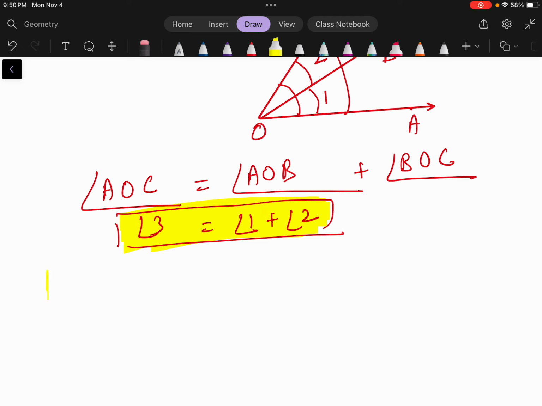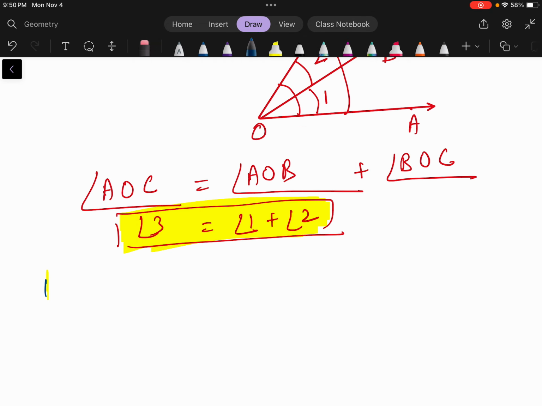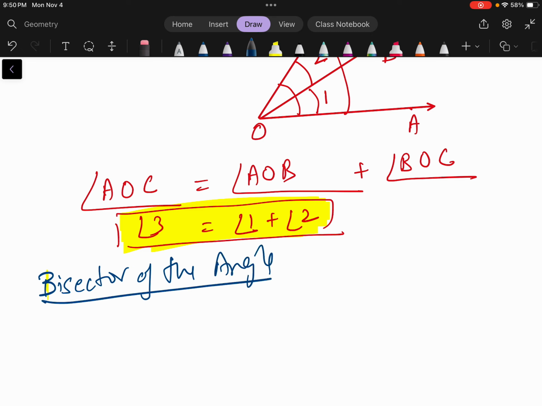Let's take an example of a bisector of an angle. Bisector of the angle means if we have this angle and a line that is bisecting it.